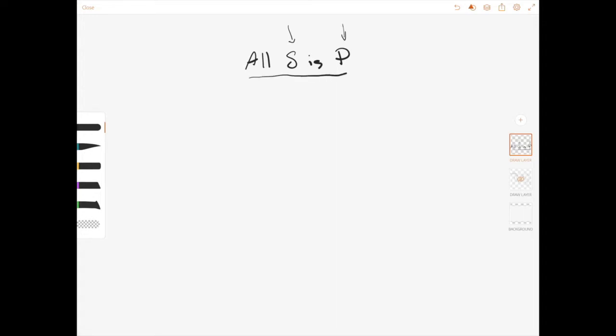It has a subject part, and the subject is inserted into a predicate, and the predicate is blank is P. So we're dividing the proposition into a subject and a predicate, and then on top of this structure, we're placing an additional symbol that tells us about the quantity. We'll get to that in a minute.